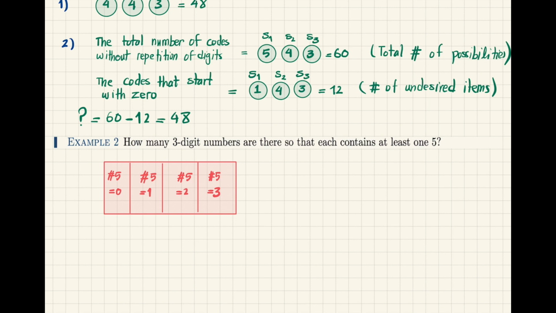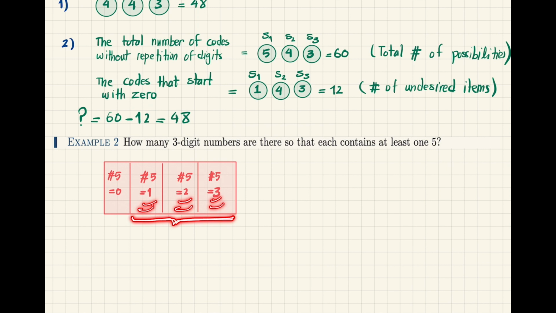Which are the desired parts? 3-digit numbers so that each contains at least 1 5. So this part is the desired part, because in this part we have 1 5, in this part we have 2 5s, in this part we have 3 5s. And we want to have at least 1 5. So if I want to start counting this directly, I have to use the product rule for each part, and then use the sum rule for adding these numbers.